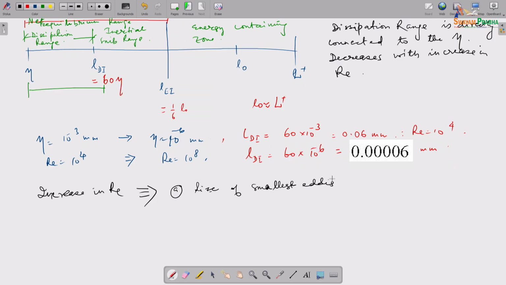The size of the smallest eddies decreases, and secondly, the dissipation range also decreases, with the increase of Reynolds number.